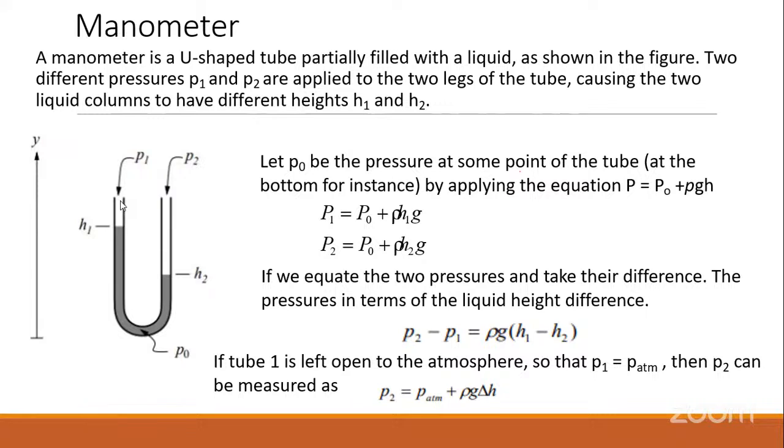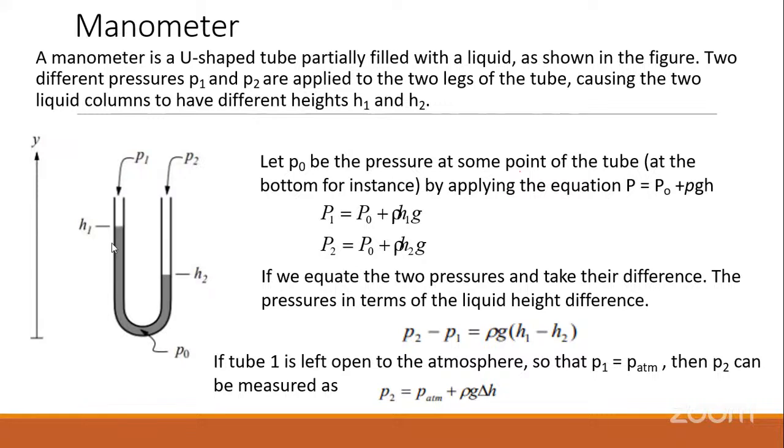At one end of the tube, you have pressure 1. At the other end, the opening of the tube, you have pressure 2. So two different pressures are applied to the tube.